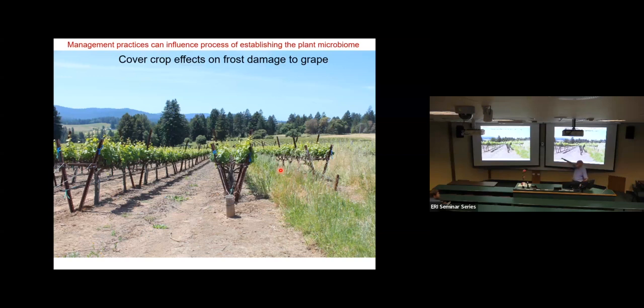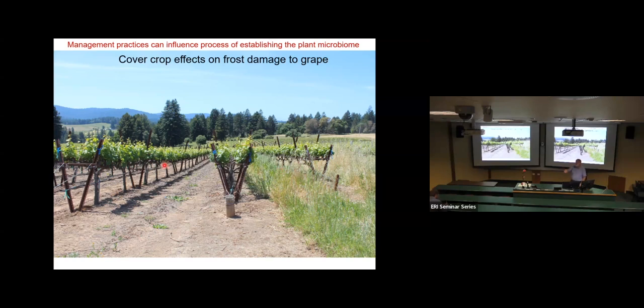So this area where the high value grapes are grown is kind of hilly. Erosion is a problem. So they often would want to have vegetation there during the winter to kind of stabilize the soil and improve soil health and so on. But we thought it would be a major risk to the grapes if that was in fact providing a source of inoculum that would move up onto the newly developing grape shoots.